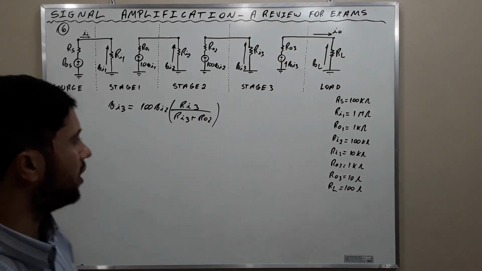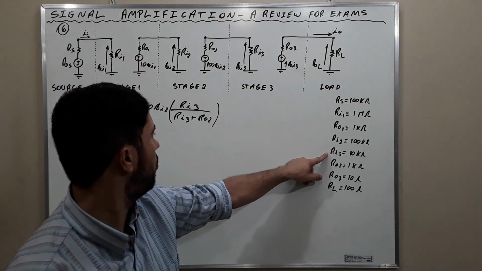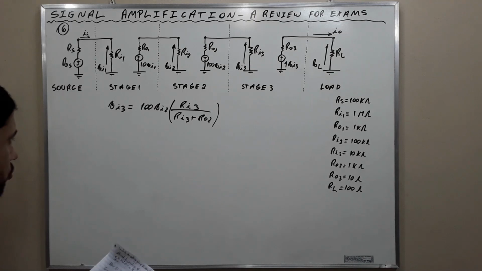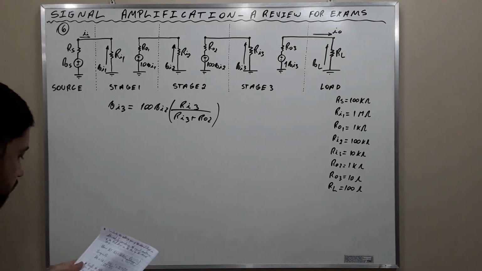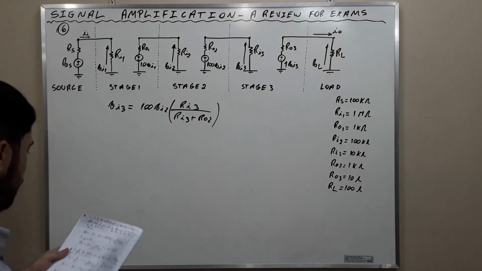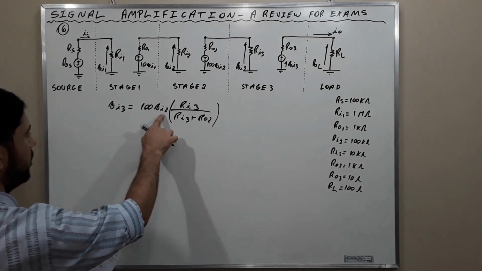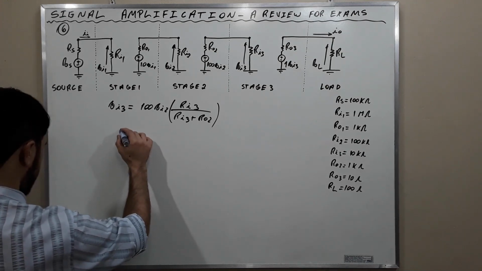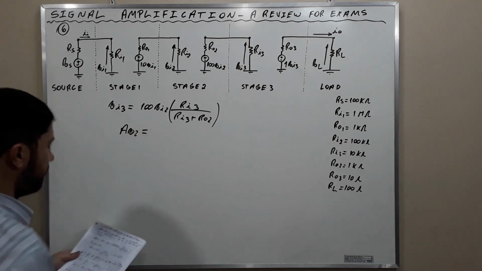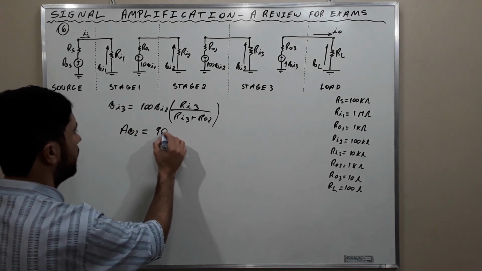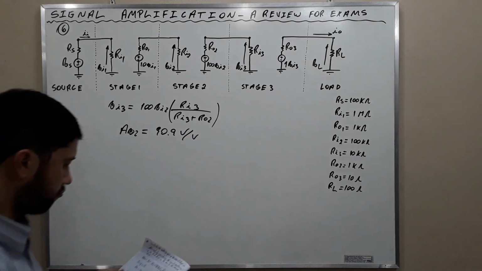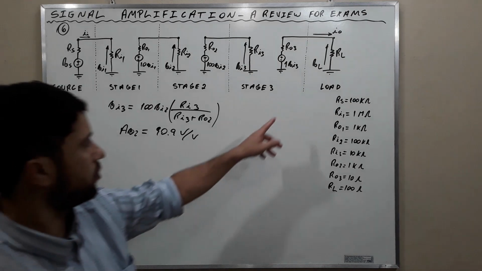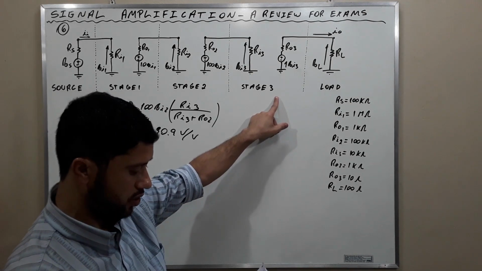We're going to use the values: RI3 is 10 kilo ohms, RO2 is 1 kilo ohm. Okay, in this way we pass VI2 below VI3, and we use the values, and we find that the voltage gain of the second stage is 90.9 volts per volt.